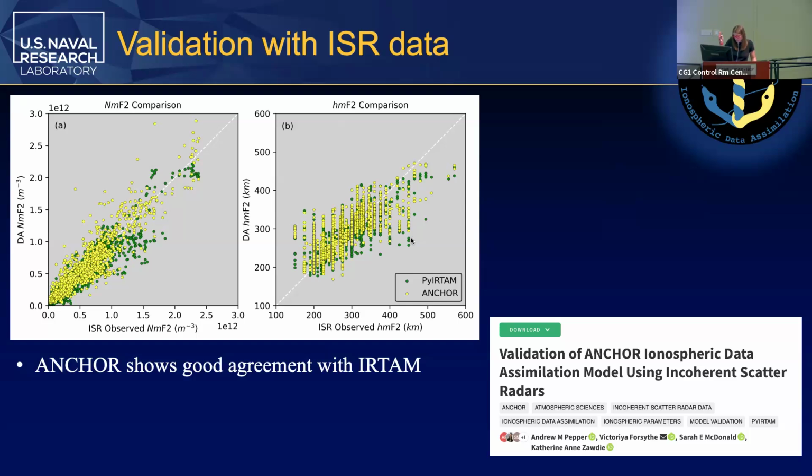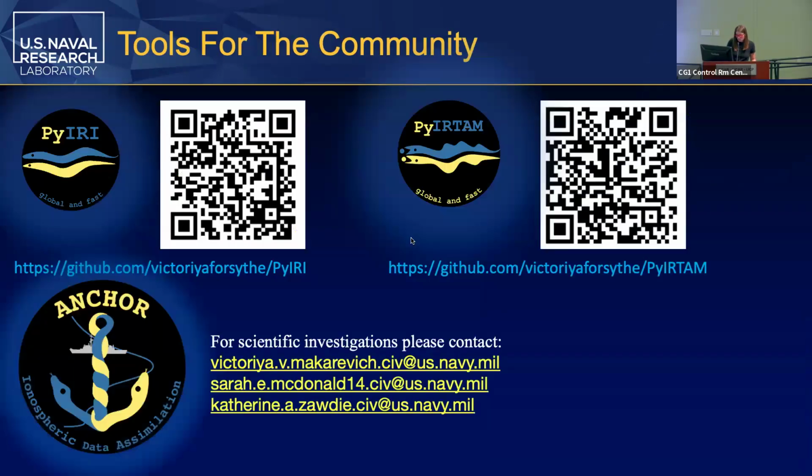And the conclusion is PyIRTAM and Anchor are very similar to one another. But Anchor includes COSMIC-2 and GPS data, but PyIRTAM does not include that. The results of the study were submitted to Radio Science, and those are the work of my summer intern, Andrew Pepper. Did a great job.